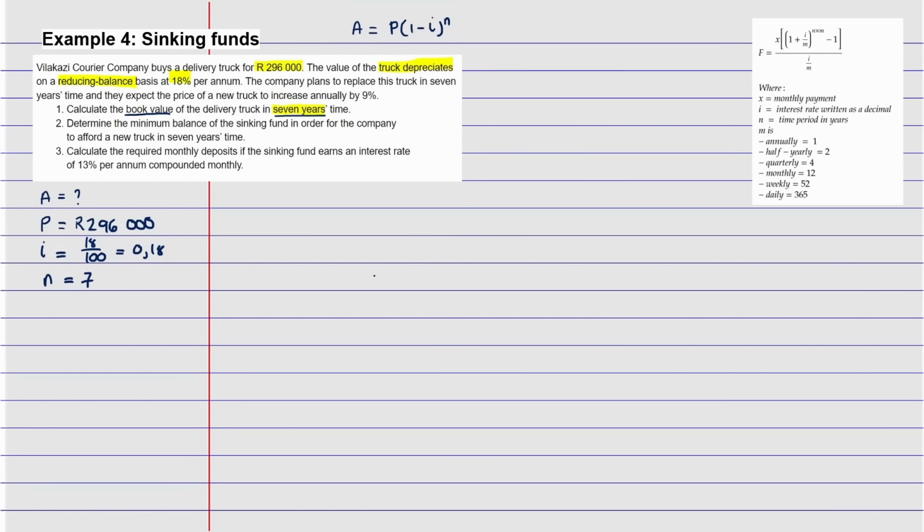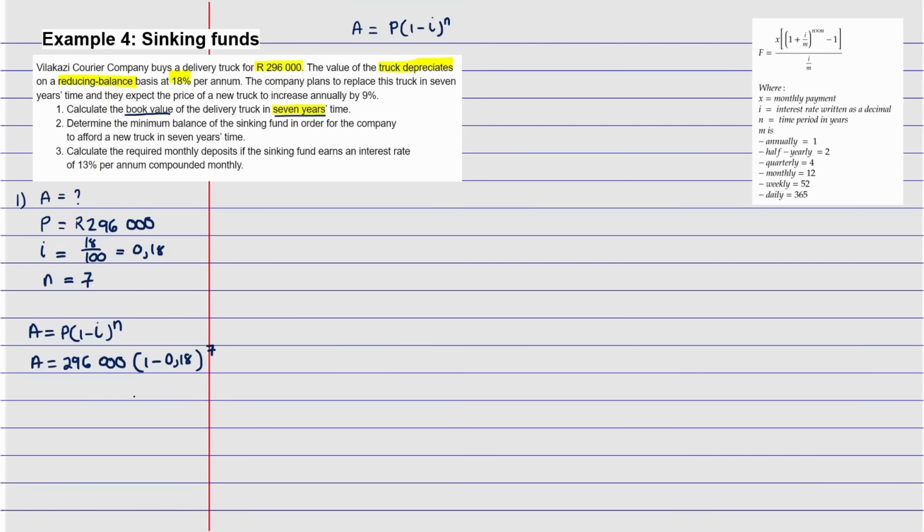So now we're going to substitute this. This is for number 1. We know that A equals P open bracket 1 minus i to the power n. Substituting everything, A equals 296,000 times open bracket 1 minus 0.18 to the power n, which is 7.